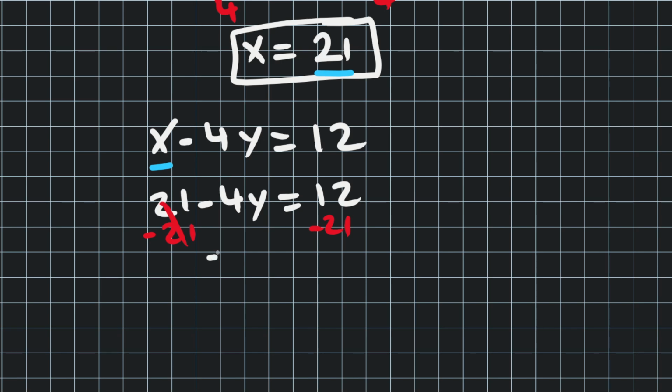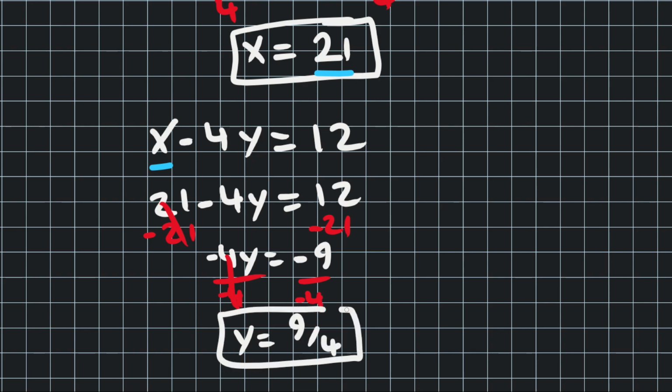So negative 4y equals 12 minus 21 is negative 9. And then let's go ahead and divide both sides by negative 4. And we have y equals negative 9 over negative 4. The negatives cancel out, so that's just 9/4.